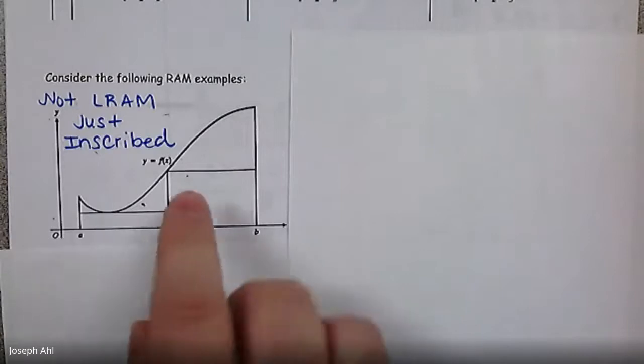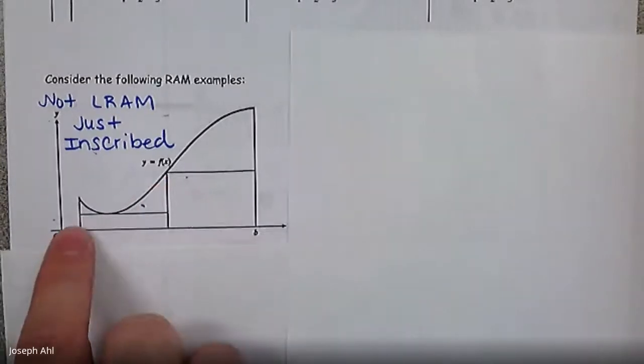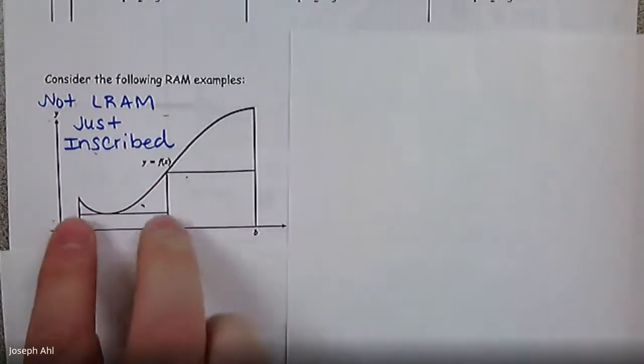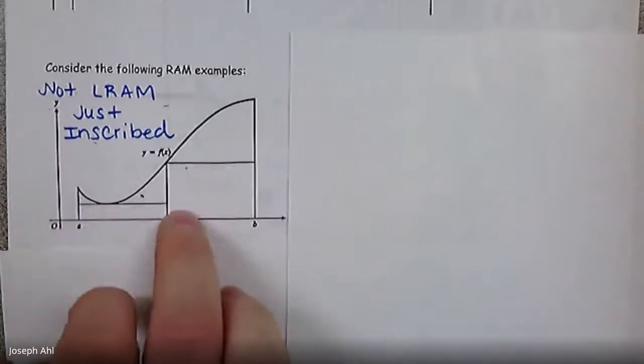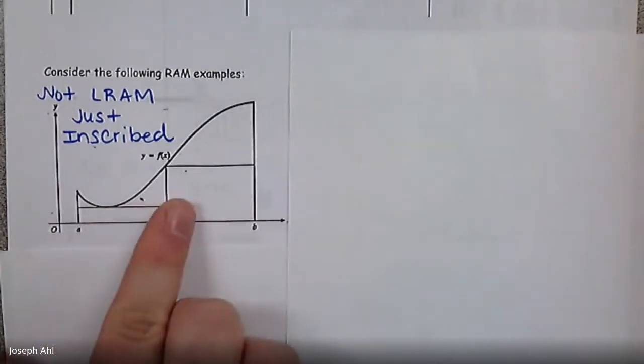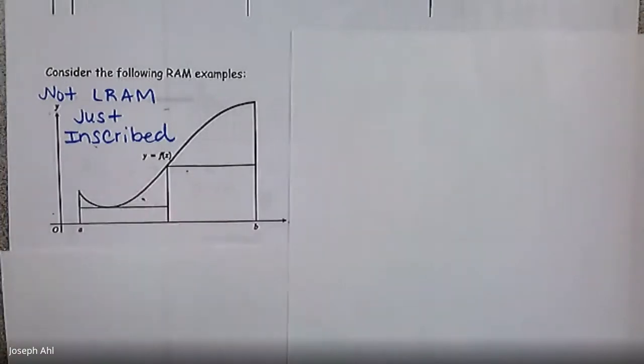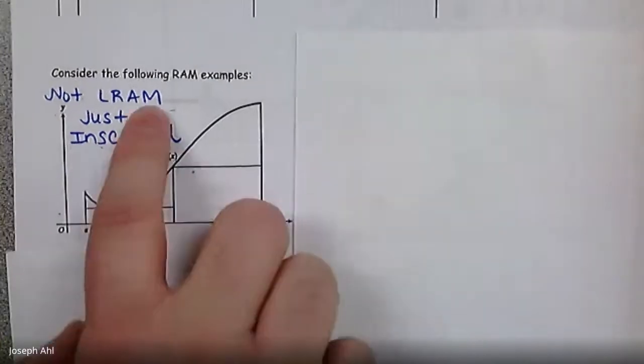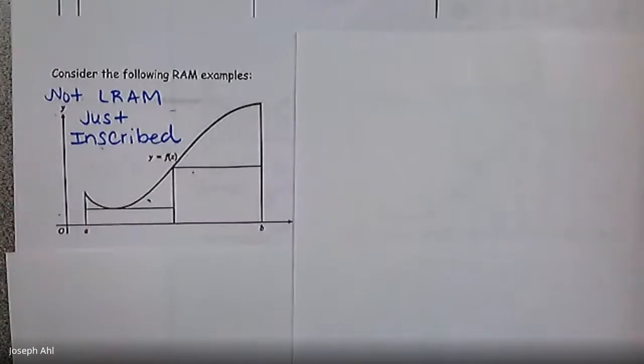It looks like we're at the left endpoint here, but we're definitely not at the left endpoint of this subinterval from A to this value right here. So it's not LRAM, but these are in fact inscribed rectangles under the curve y equals f of x. Based on the inflection of that curve, it doesn't exactly match up with what LRAM would be in this case.